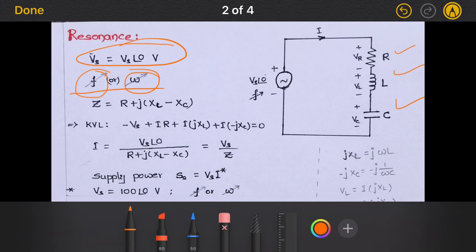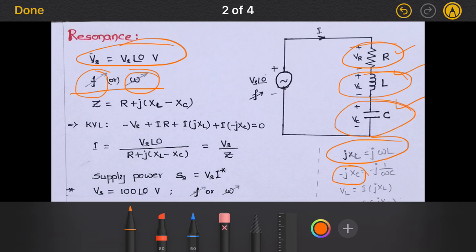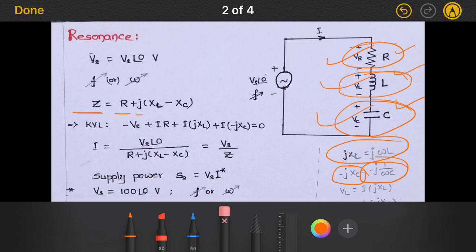So the impedances are: R impedance is R ohms, L impedance is jXL ohm, that is inductive reactance, jXL equal to j omega L, and capacitive reactance is minus jXC, that is minus j 1 by omega C. These three elements are connected in series, so the equivalent impedance of the series combination is Z equal to the sum of those three impedances, R plus j(XL minus XC). This is the series impedance of the series RLC circuit.